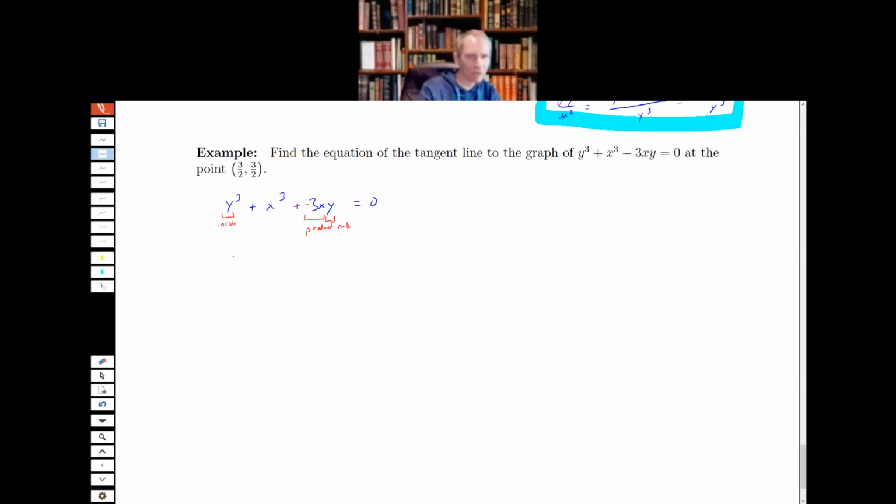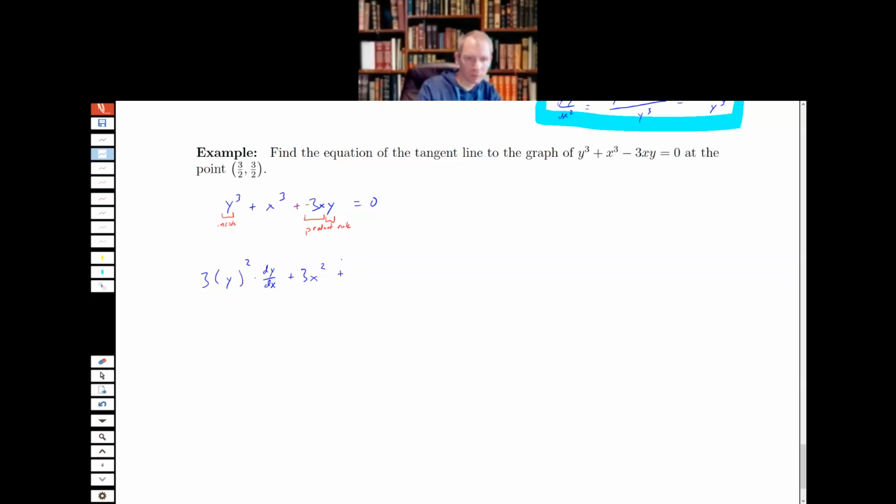So now when I differentiate it, I'm going to use the chain rule. So the derivative of stuff cubed is 3 stuff squared. My inside function is y, and then the chain rule says multiply by the derivative of the inside function. The derivative of y is dy dx. X cubed, I don't need a chain rule on. The derivative of x cubed is just 3x squared, because x is my variable here.